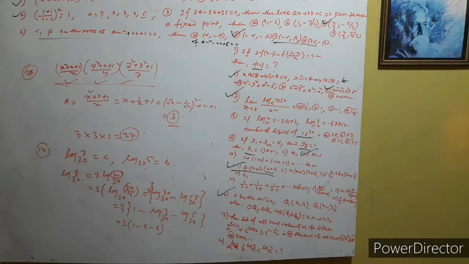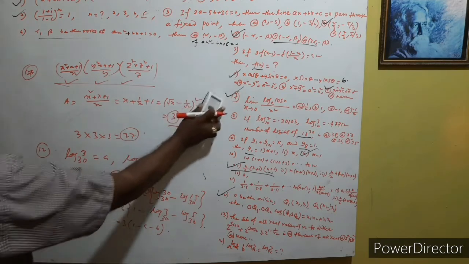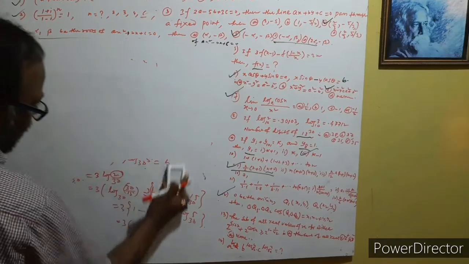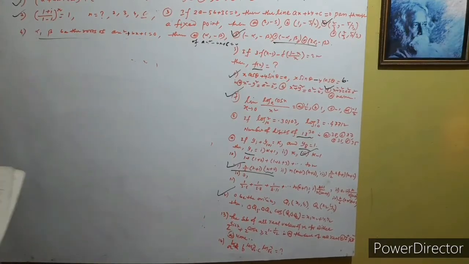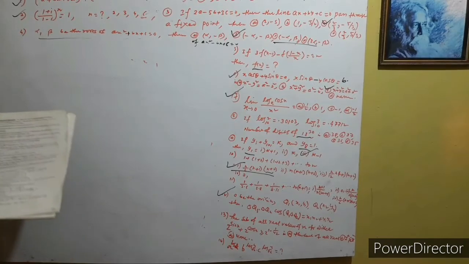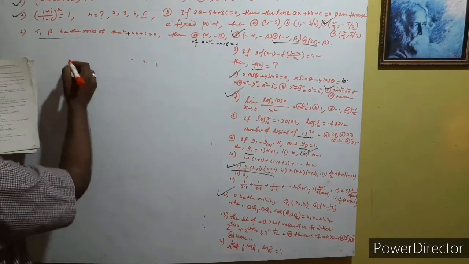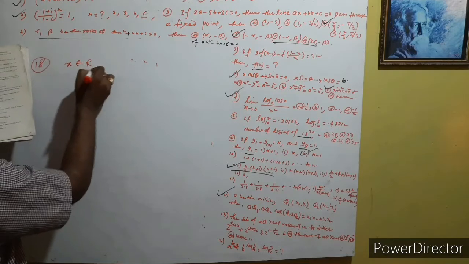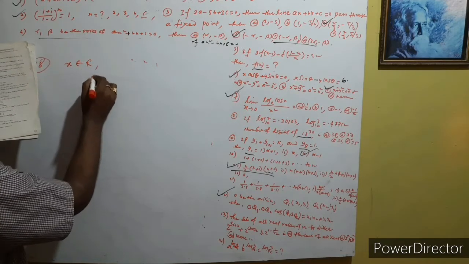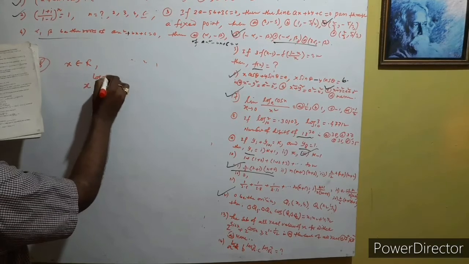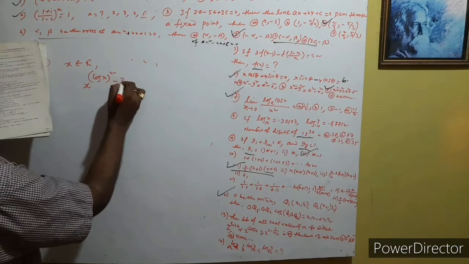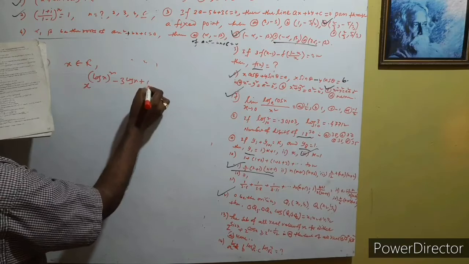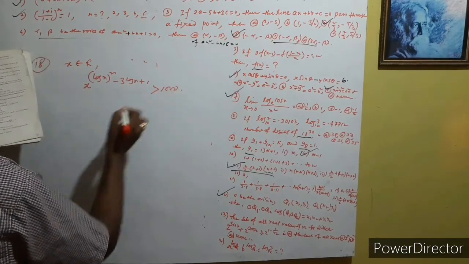For this question, see question number 18. Very interesting question in the chapter of domain. You have given x is a real number and x to the power log x whole square minus 3 log x plus 1 is greater than 1000.